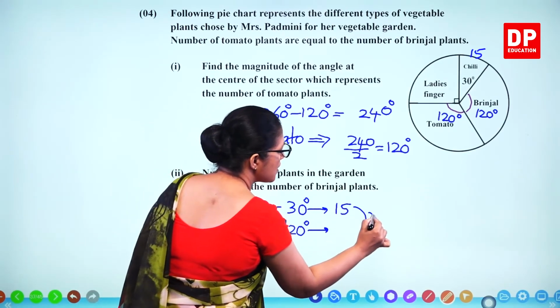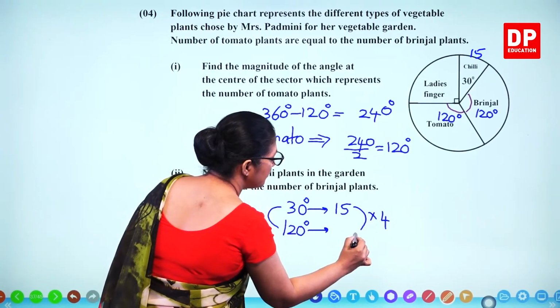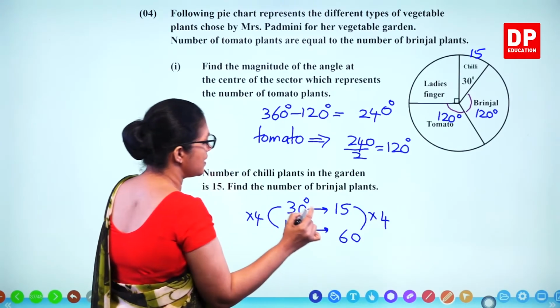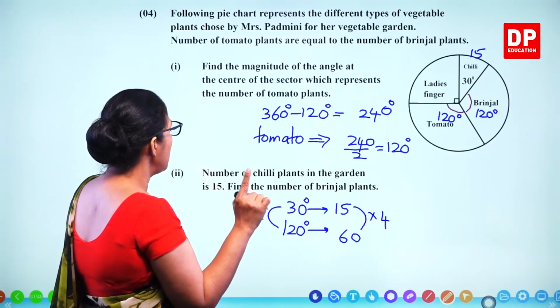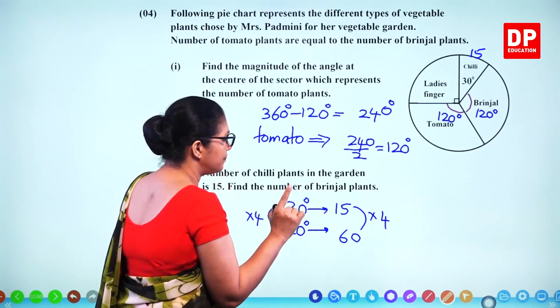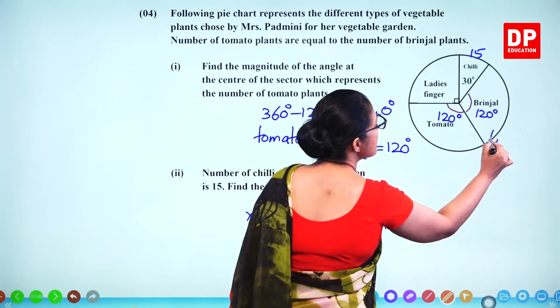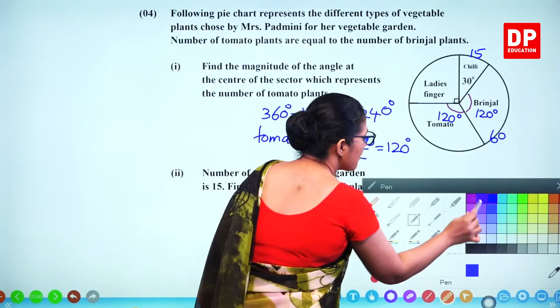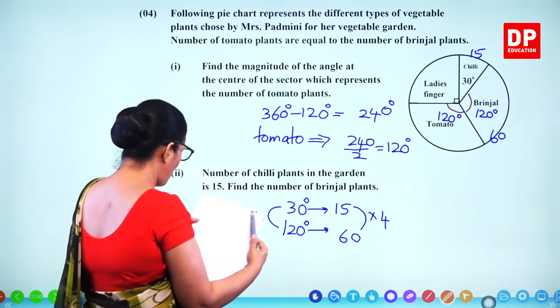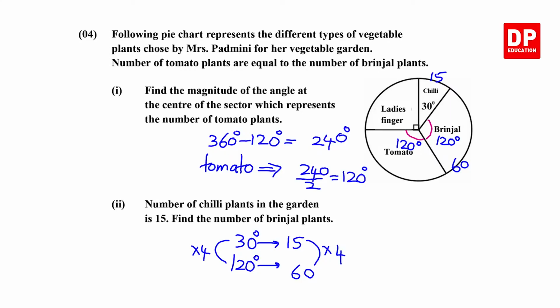So 4 times 15, 60. So 60 brinjal plants are there. So this is 60. So how many marks for these two? You are getting 2 marks here and 3 marks for this part.